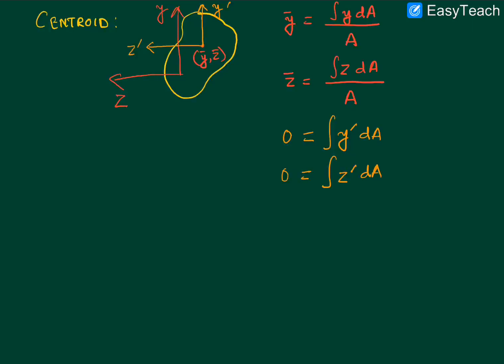Now what is important to note here is that this particular coordinate axis, y dash and z dash, because they pass through the centroid of the cross section under consideration, they will be referred to as centroidal axis.